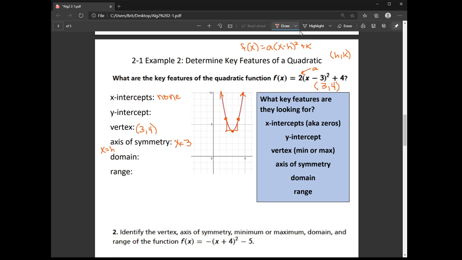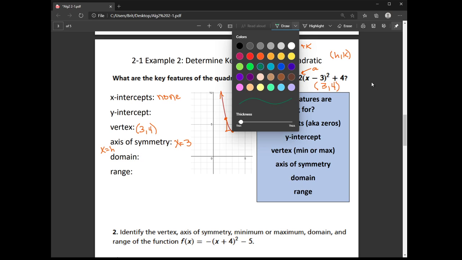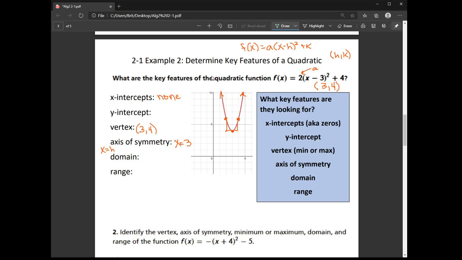Alright, so now the y-intercept. Recall the y-intercept is where the graph is crossing the y-axis. So anywhere on this y-axis, my value of x is 0. So to find my y-intercept, all that I have to do is evaluate the function when x equals 0. So everywhere there's an x, which is just in one place, I plug in a 0.